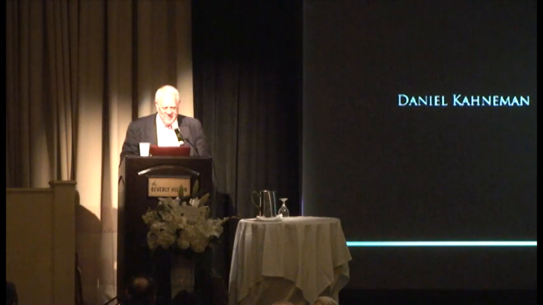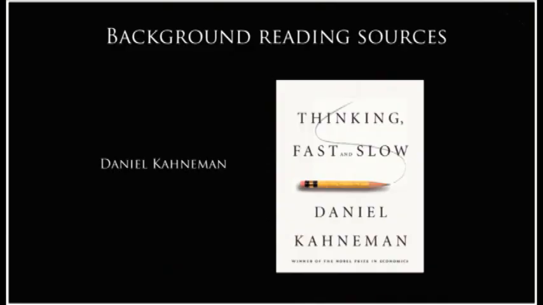Because part of this lecture is designed to maybe stimulate you to do some reading and get interested in this, I'd like to briefly review the sources that have influenced me. First and foremost is Kahneman's Thinking, Fast and Slow. He's the only psychologist who's actually won a Nobel Prize in a different field, economics.